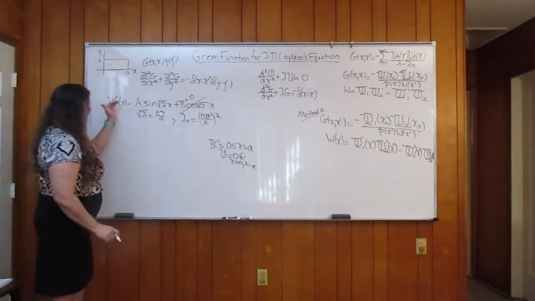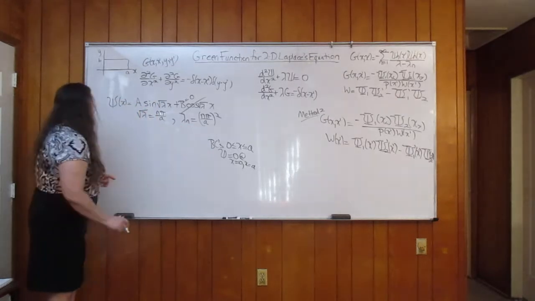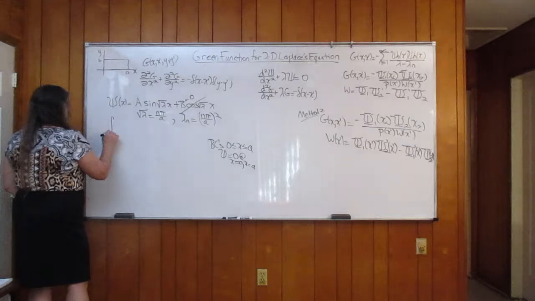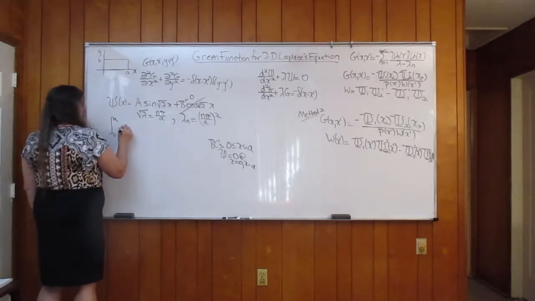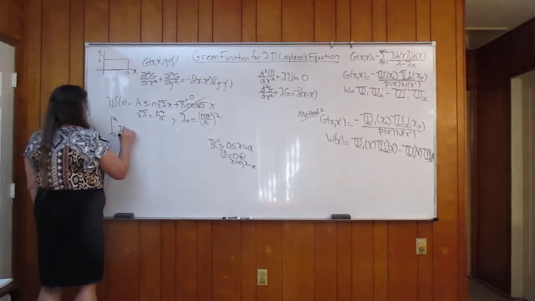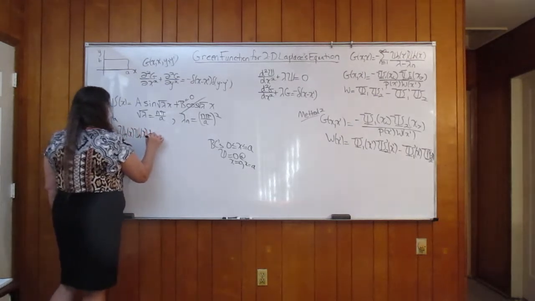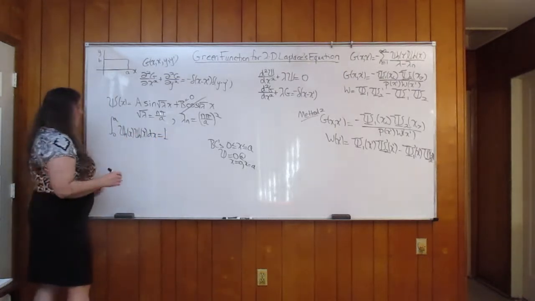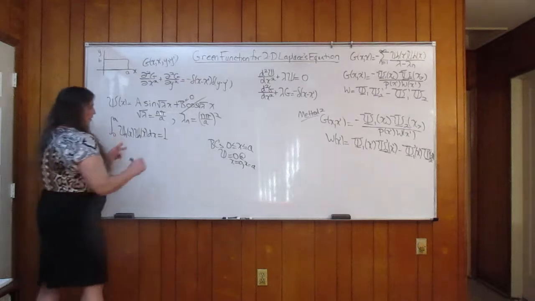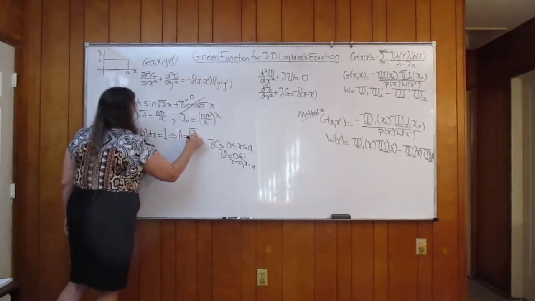These functions are going to be orthogonal, but we also want them to be normalized as well. So integrate from 0 to a, psi n of x times psi n of x dx is equal to 1. I substitute these in there, I do the math, and solve for a. A is just going to be equal to square root of 2 over a.